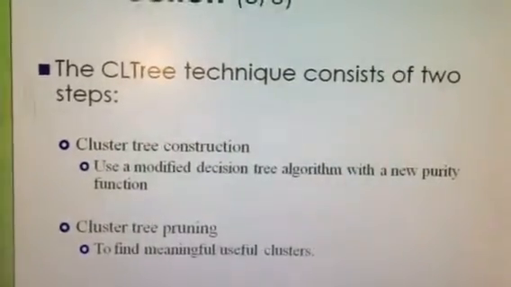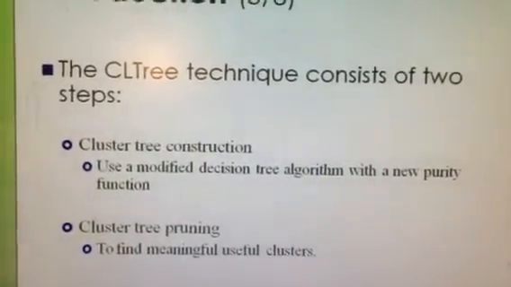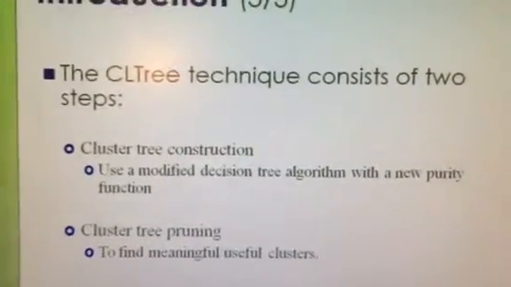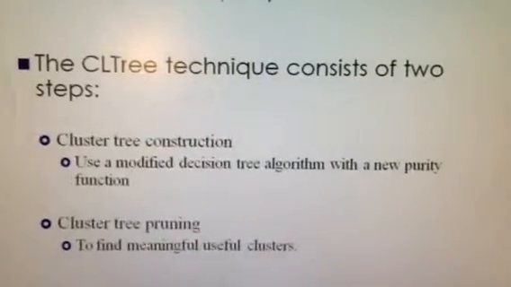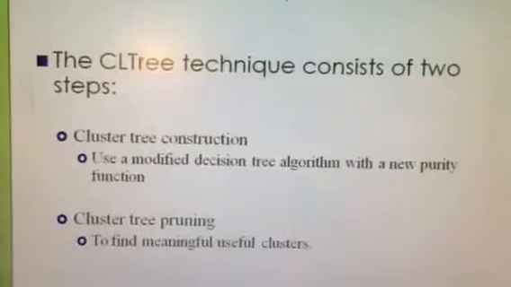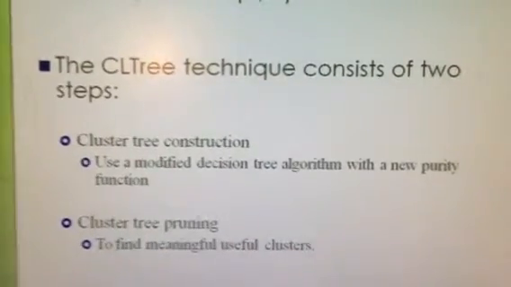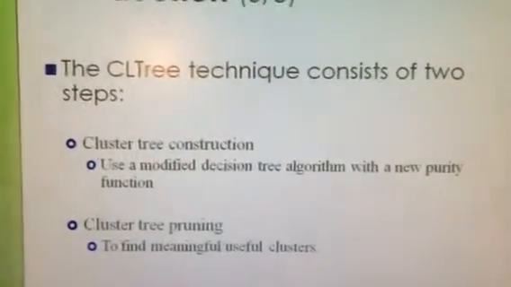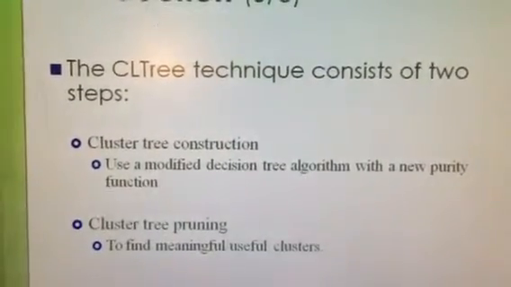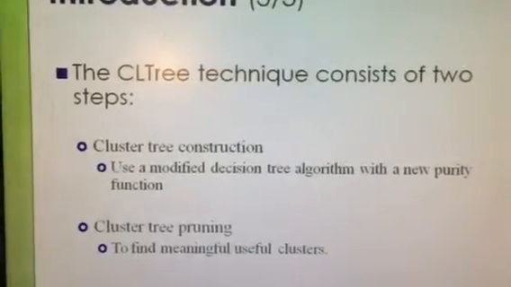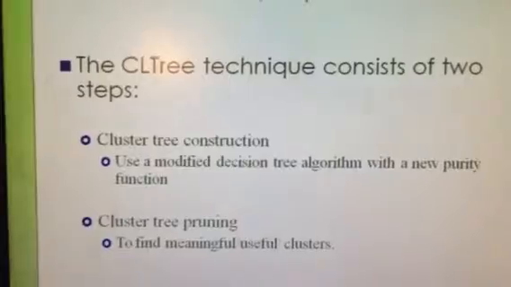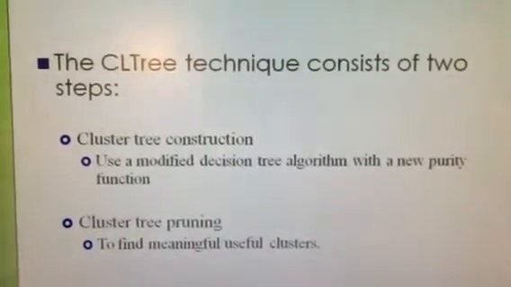This one will help you to find meaningful, useful clusters. Because if you don't do the pruning, there will be some data that are not actually useful to what you want it to be. Like if you're collecting information about professors in the school, probably you want to use their qualifications, probably an associate lecturer and full PhD lecturer. So if you don't prune it, you might end up not collecting useful clusters.